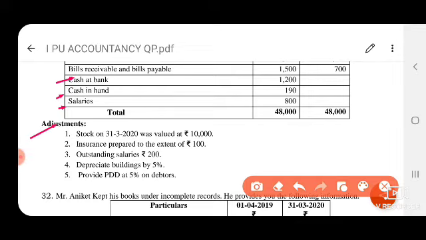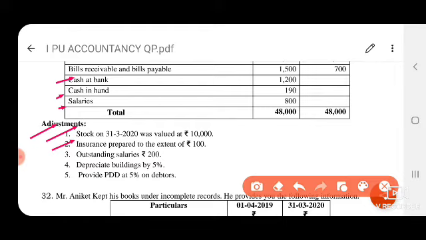So adjustments rules. Adjustment should be entered in two places: first in trading and profit and loss account, and then in the balance sheet. See stock, always closing stock you will get in the adjustment. Closing stock first trading account, then again in balance sheet asset side. Insurance prepaid, that is insurance already paid in advance.